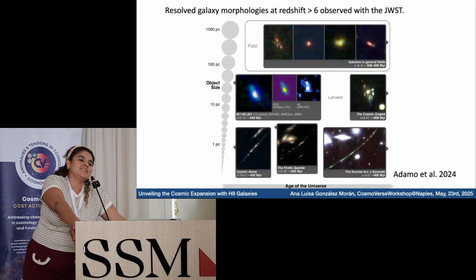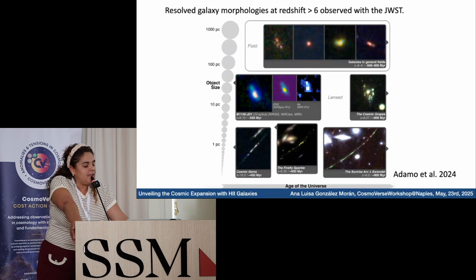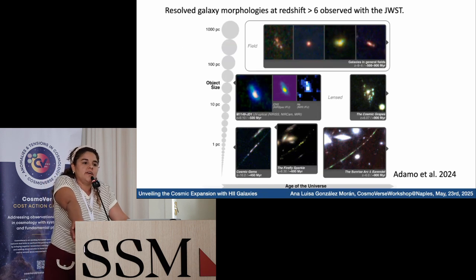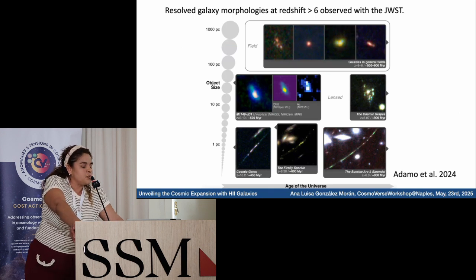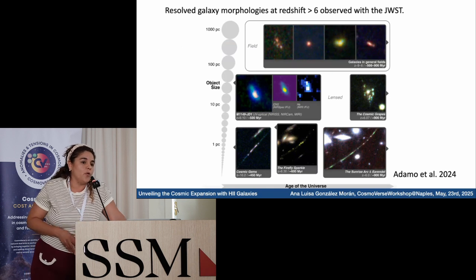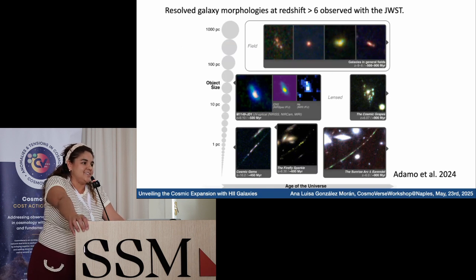Okay, and so let's go to high redshift. Now it is possible to see or resolve galaxy morphologies, even at a redshift higher than 6. And this is amazing, because we can go to very different sizes or scales in these targets.